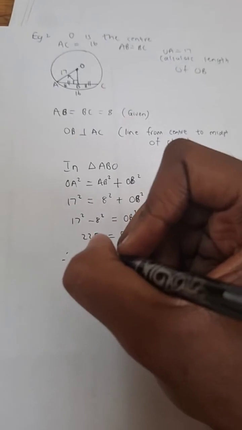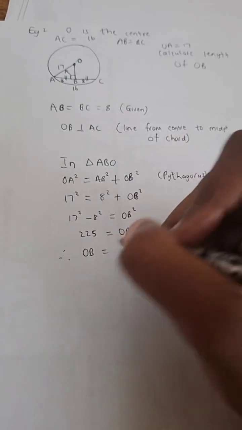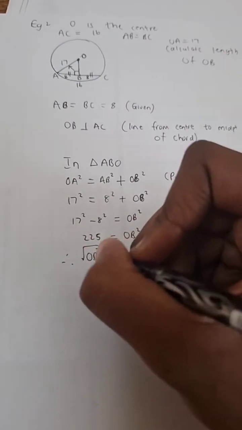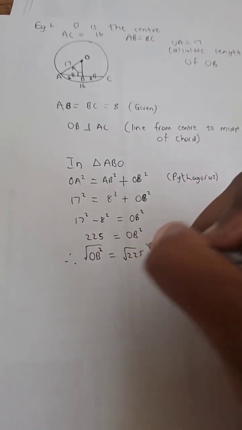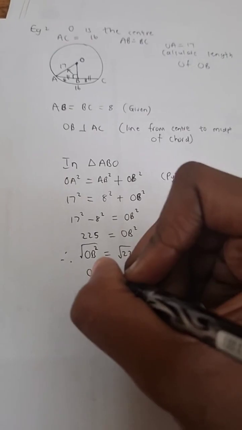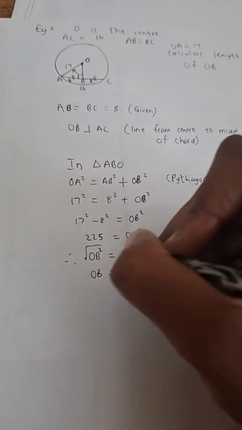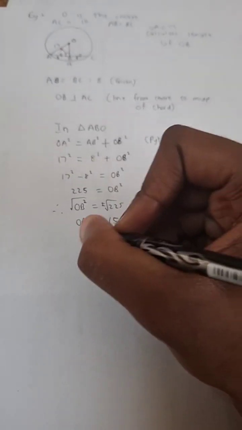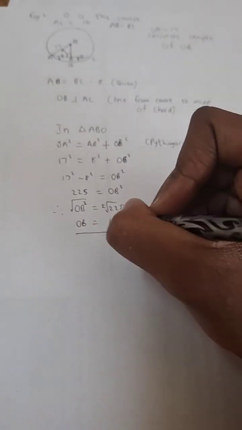Therefore, if you take the square root of both sides, you get a nice, beautiful answer of OB, which is 15. Remember, you do write plus minus, but of course, the length cannot be negative, so OB is equal to 15.